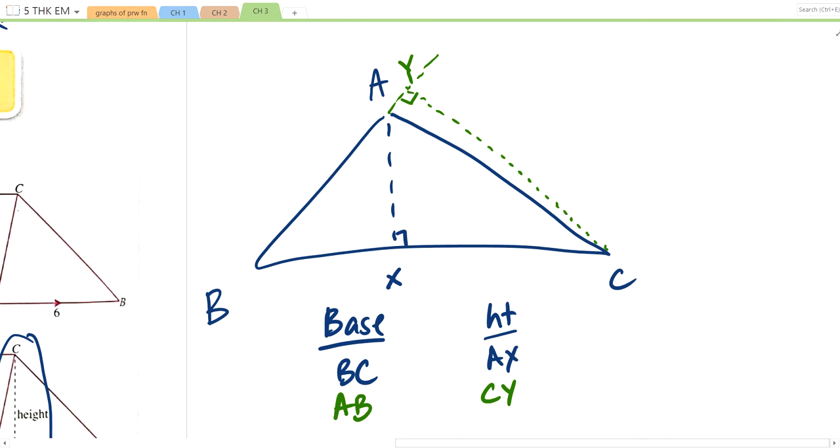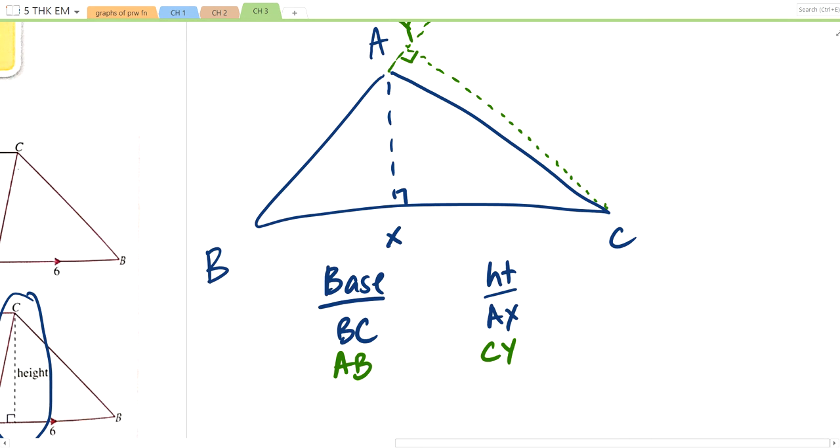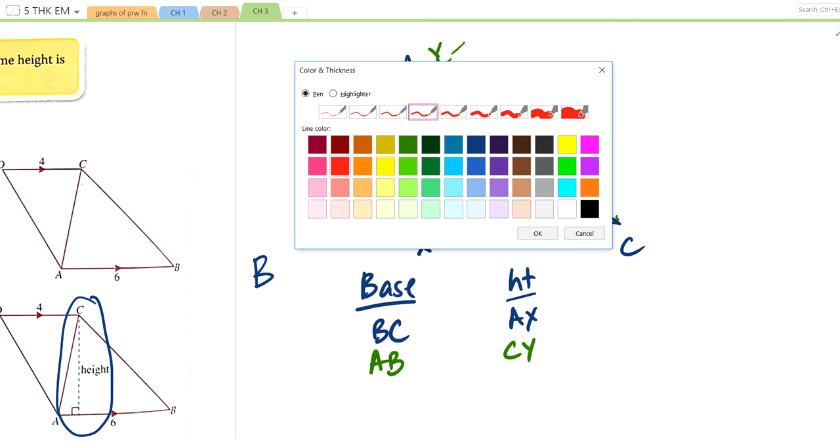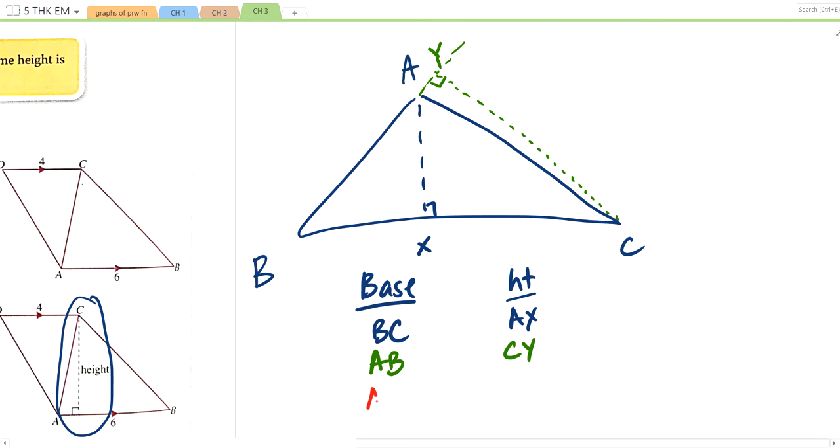Are these two the only bases? No, I'm sure I can find another base. Because a triangle has three sides, the last one must be AC. If AC is the base, where is the height? It must be from B, drop down a perpendicular line.